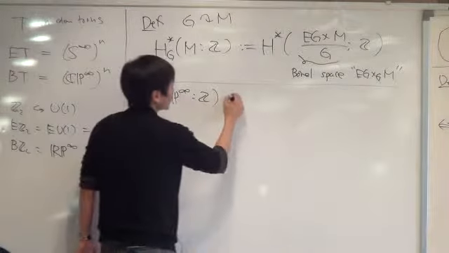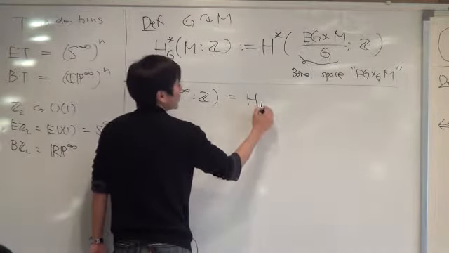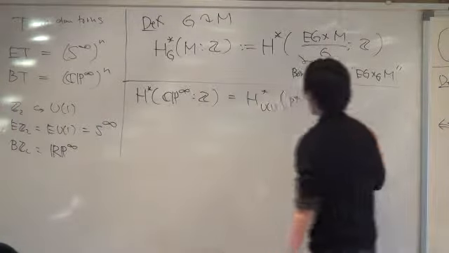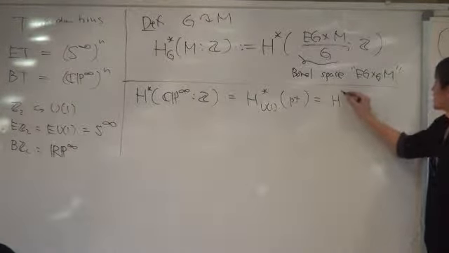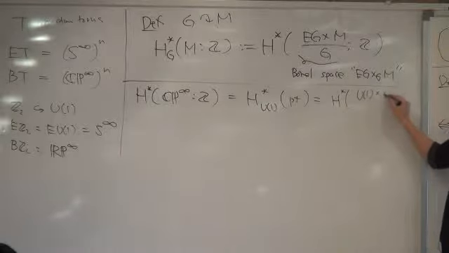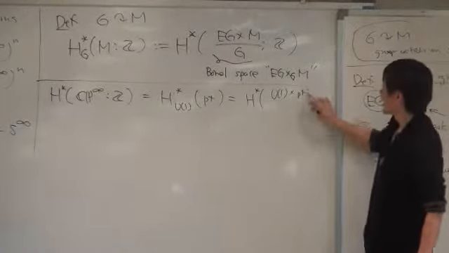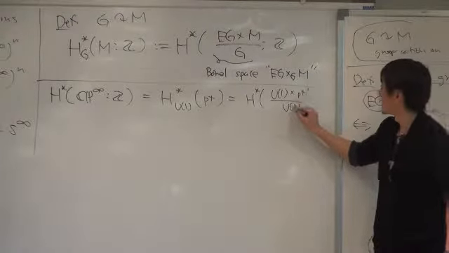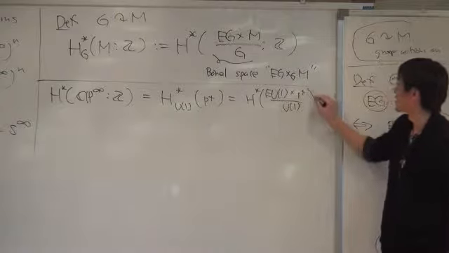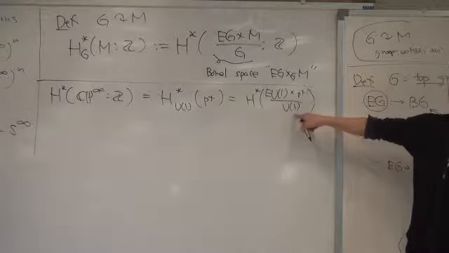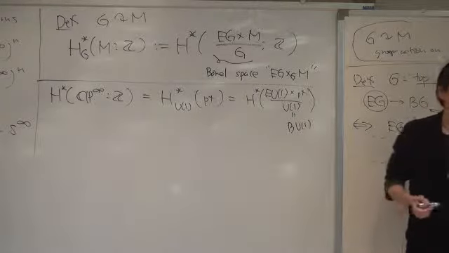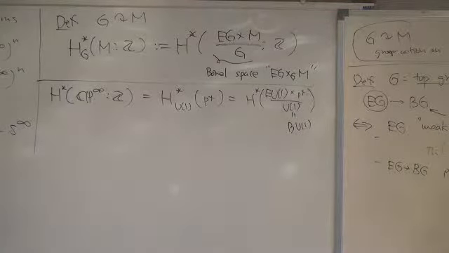So this corresponds to the U(1) equivariant cohomology of a point, right? So you take EU(1) cross point, right? And on the point, the circle acts trivially, right? So EU(1) cross point modulo U(1). So this is actually BU(1). And BU(1) is CP infinity. Yeah? So let's calculate what the cohomology of CP infinity is.